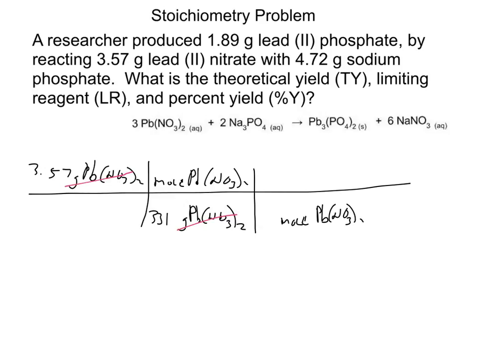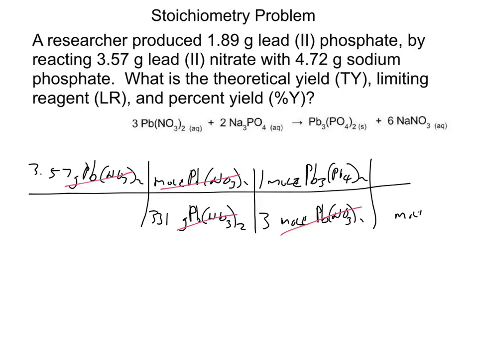If we go to the balanced equation, we'll notice that there are 3 lead nitrates, Pb(NO3)2, to 1 mole of lead phosphate, Pb3(PO4)2. And again, the moles cancel. So now we're in terms of lead phosphate. So whatever unit's on top, let's put it on the bottom.